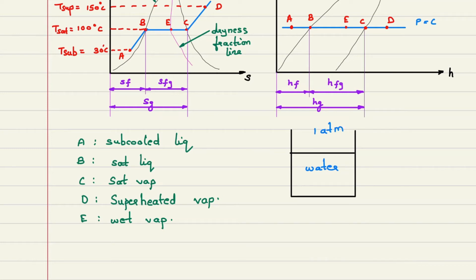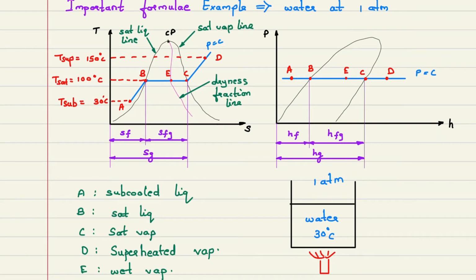Now a burner is used below the water to heat the water. So what will happen? Initially suppose water temperature is 30 degrees Celsius, and since this water is at 1 atmosphere, that water will be subcooled water because saturation temperature of water at 1 atmosphere is 100 degrees Celsius. So water is subcooled.